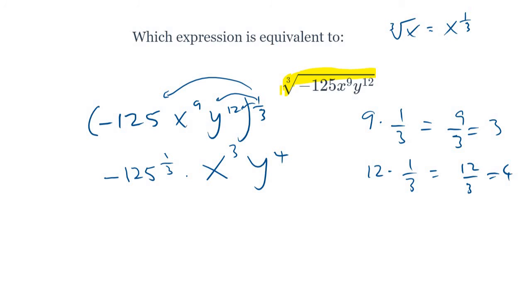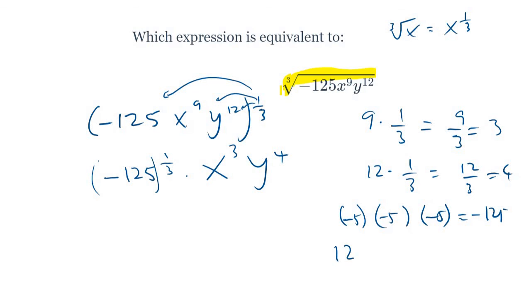Now for the 125, we're looking for 3 things to multiply to get 125. We know it's going to be 5, but since it's negative, it's going to be negative 5 times negative 5 times negative 5, which is negative 125.